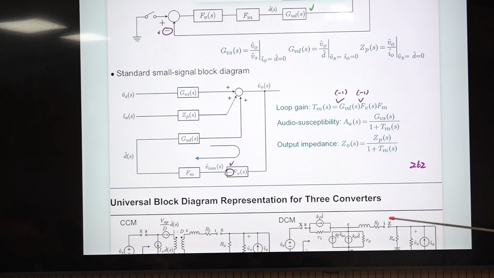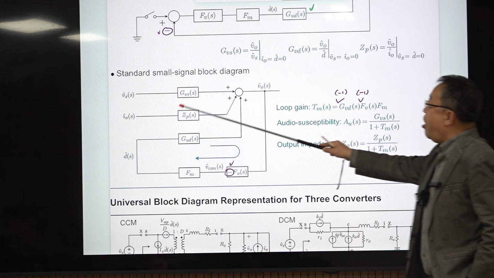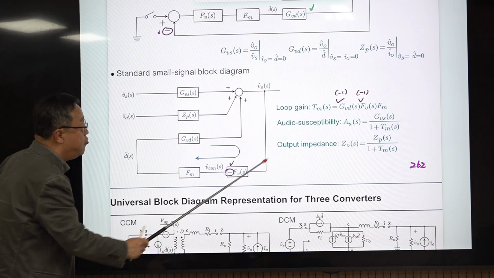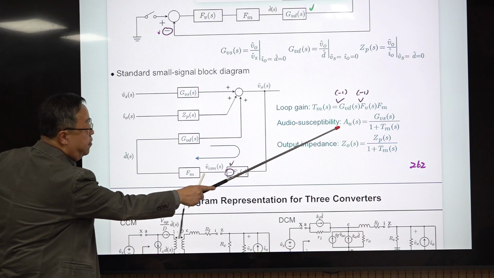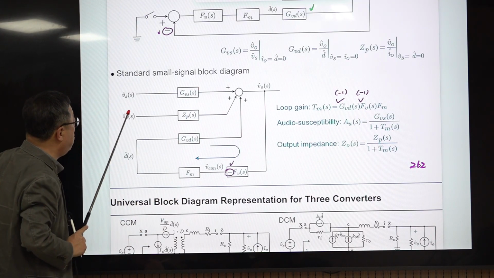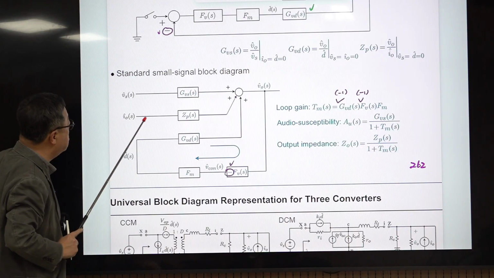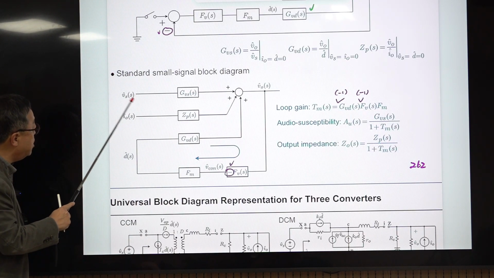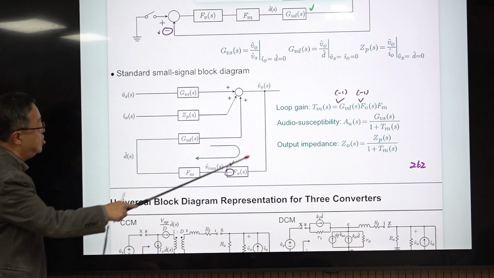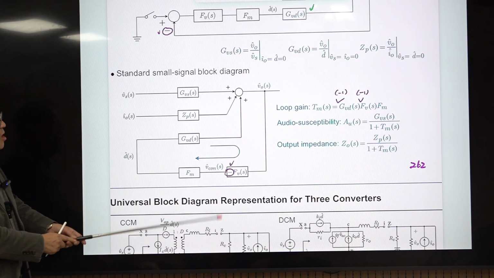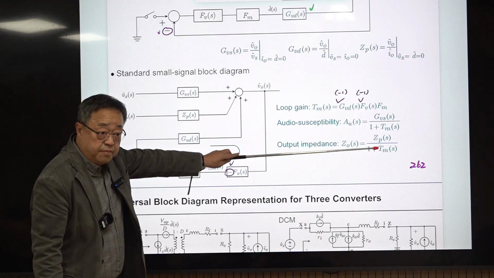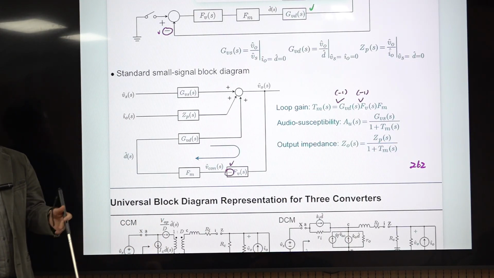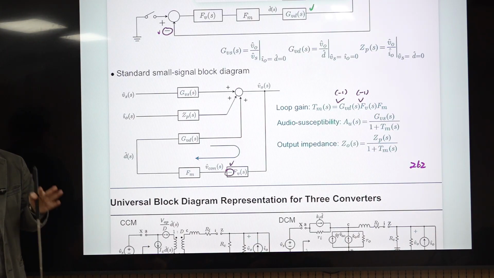And the relationship between this input to output transfer function with the feedback loop closed is this one, and the closed loop output impedance, the transfer function from here to there with this at 0, grounded, but with this feedback loop activated, is this one. You can prove this easily with some block diagram manipulation or Mason's gain rule.